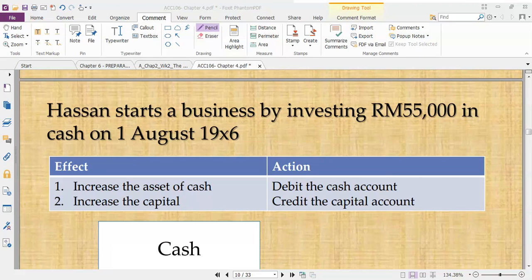Syahida, please read the example Hassan tu. Okay, cuba baca. Baca. Silakan. Start.